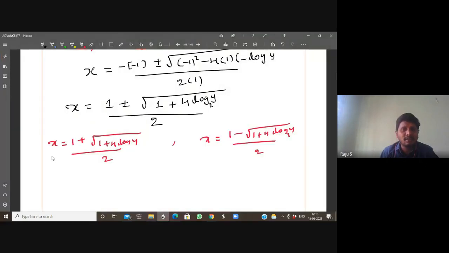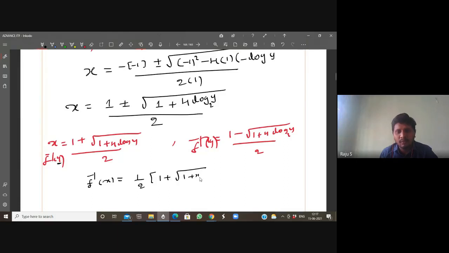We found that x is nothing but f inverse of y. But in place of y, if we replace it, we are going to get f inverse of x. So when you replace, the left side is f inverse of x, and the right side you can write as 1 by 2 times 1 plus square root of 1 plus 4 log x.